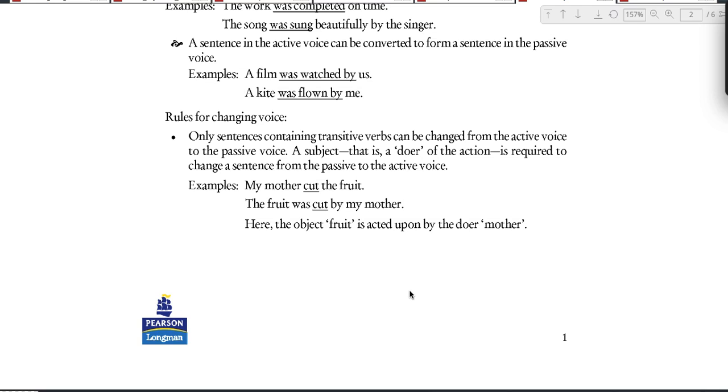Now, a subject that is the doer of the action is required to change a sentence from the passive to active voice. My mother cut the fruit. The fruit was cut by my mother.